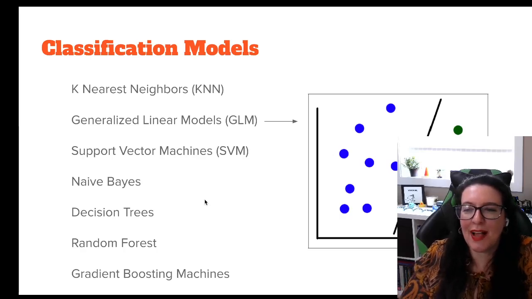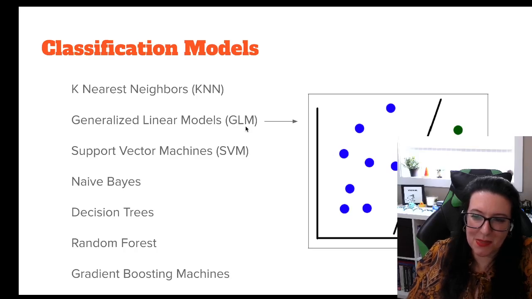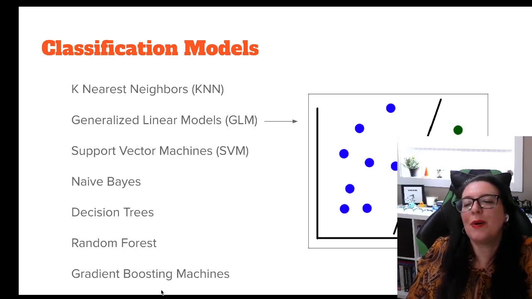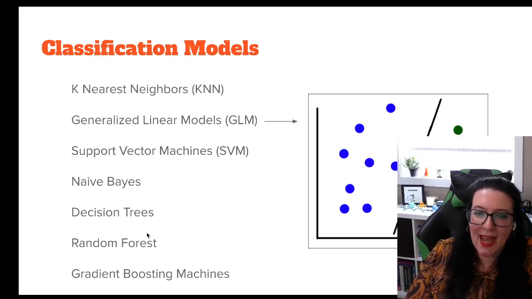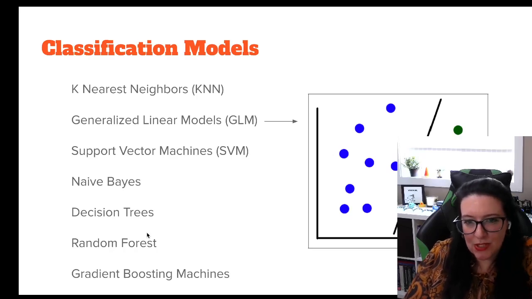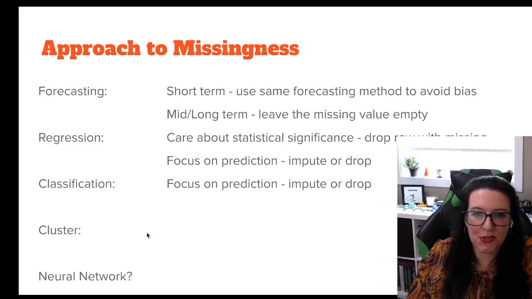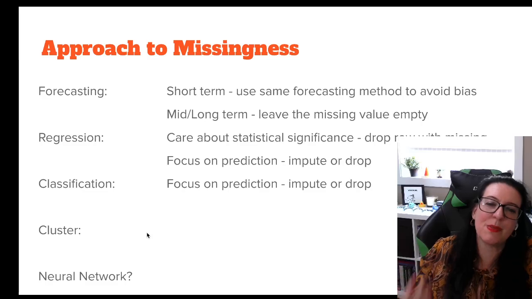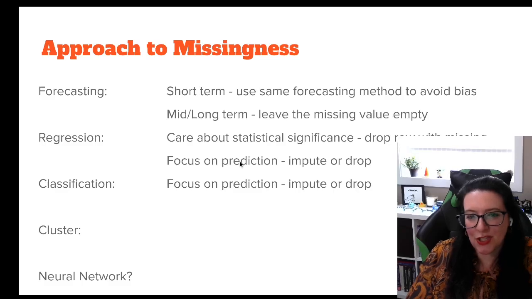There are lots of different classification models. It's just this one that is the same as linear regression. But for the other ones, the same thing applies, which is we can impute or we can drop them when it comes to that classification model. So we approach them similarly as we do with regression, because we're focused on prediction.